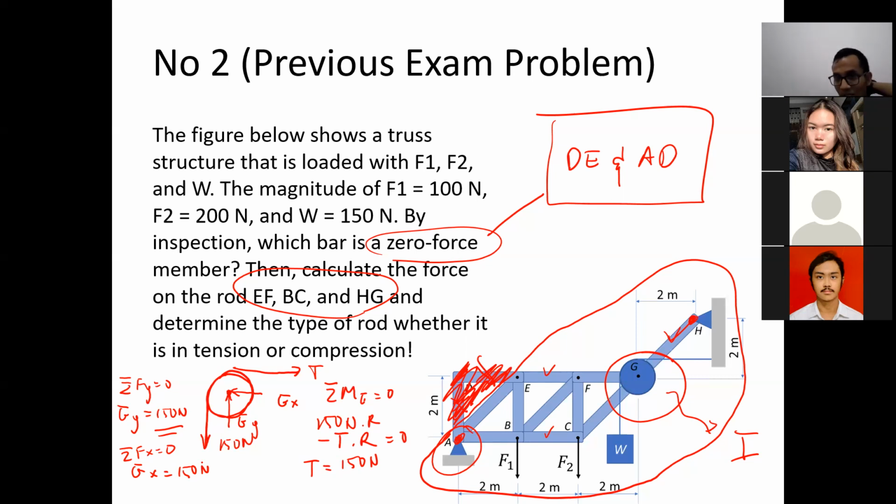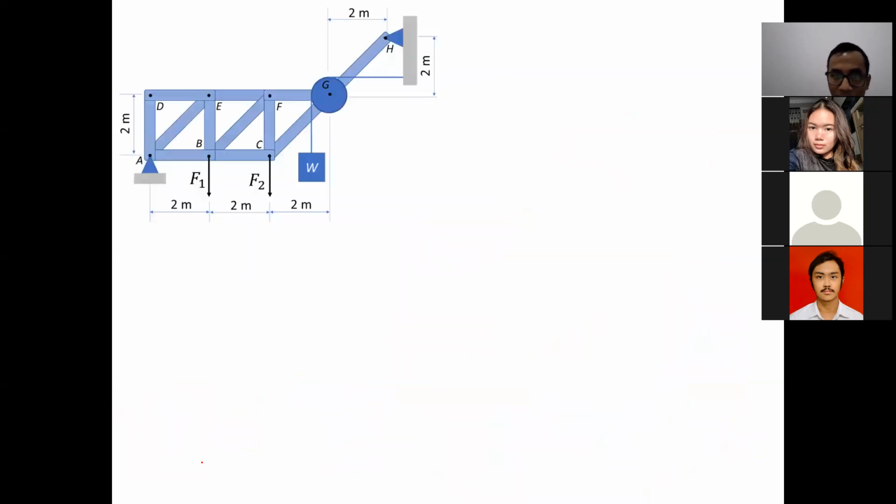Now we will try to simplify the problem. Now the problem will become like this. This is our simplified problem.